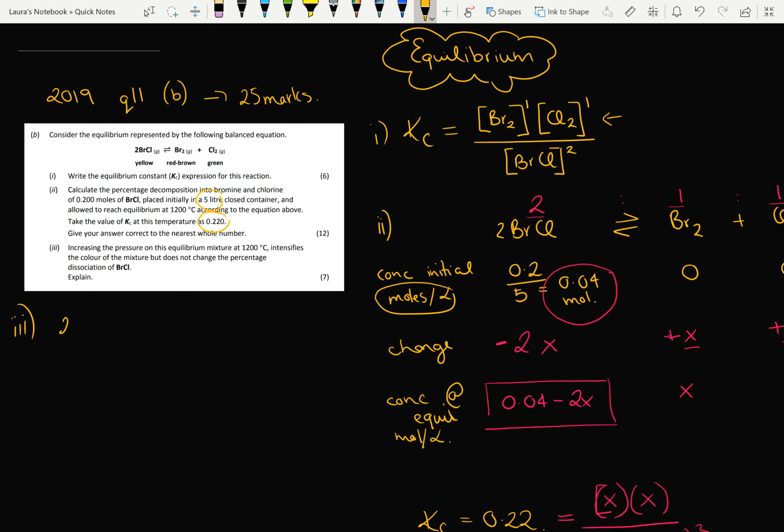So I'm just going to rewrite that equation here. That's BrCl, Br2 plus Cl2. Now there's a couple of reasons why the percentage dissociation does not change. Well, the first reason is only temperature will change Kc.